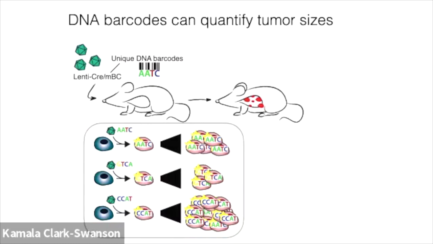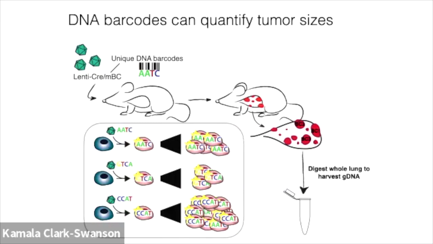And we did that by making one simple change. We added random DNA barcodes, 20 nucleotides long, random sequences of A, T, Cs, and Gs, to each viral capsid. And then when the viruses stably integrate into the mouse epithelial cells, the barcodes get carried along during cell division, such that at the time of euthanization of the mice, we have different tumors, each uniquely labeled with their own DNA barcode.